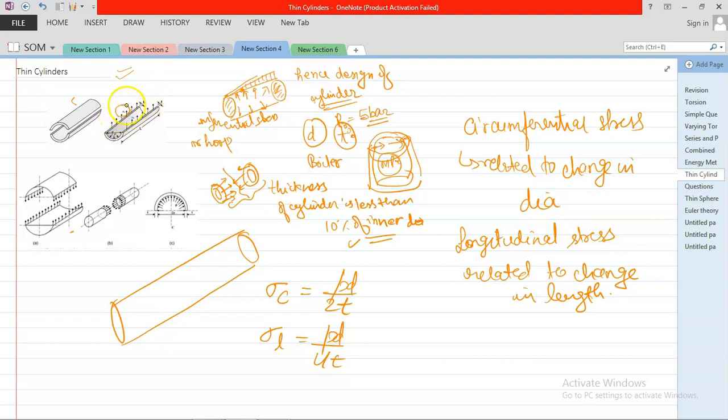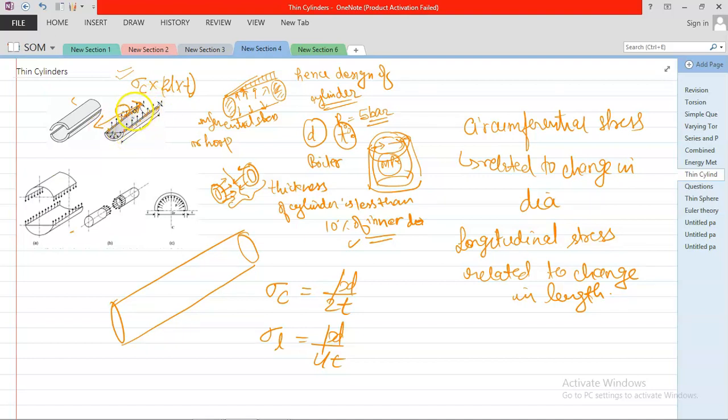The stress is acting along this direction. So what would be the force along the circumference? If you multiply sigma c with this length and this thickness, so length into t, and here also length into t, so there are two times length into t.